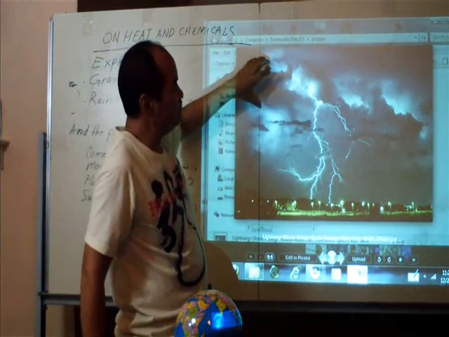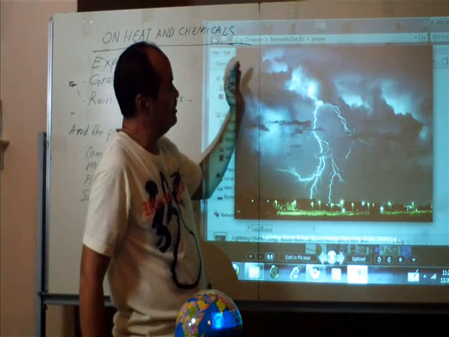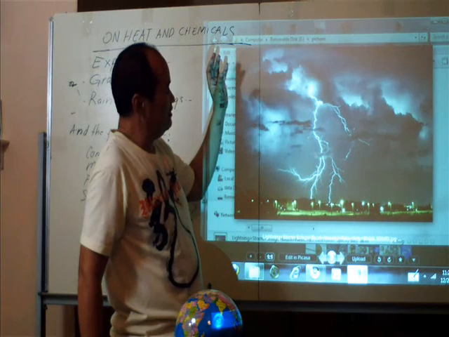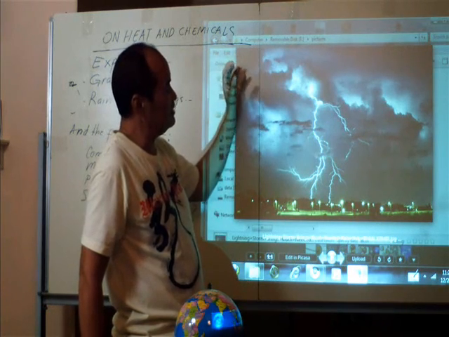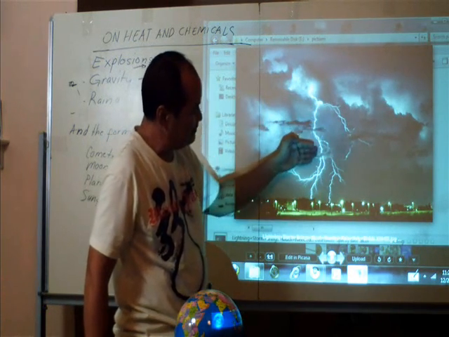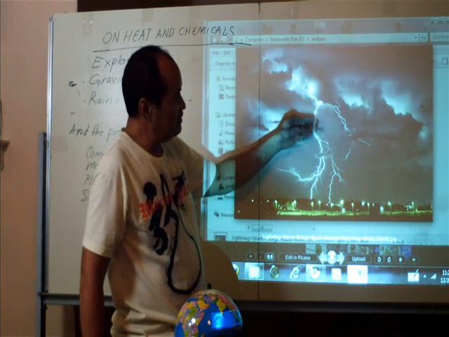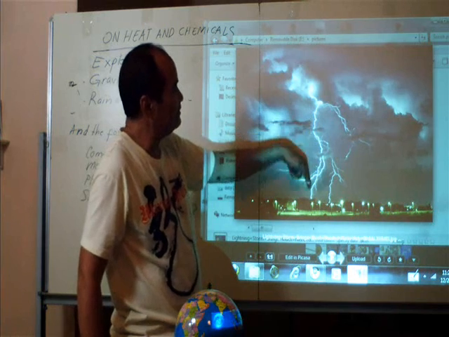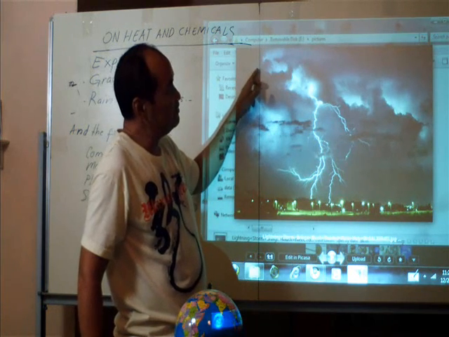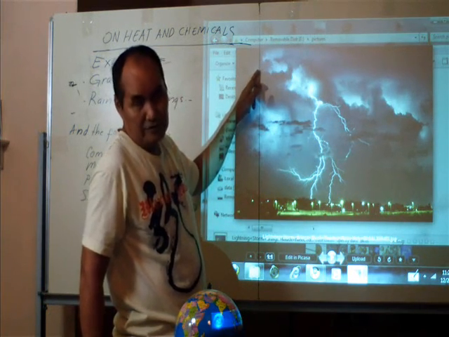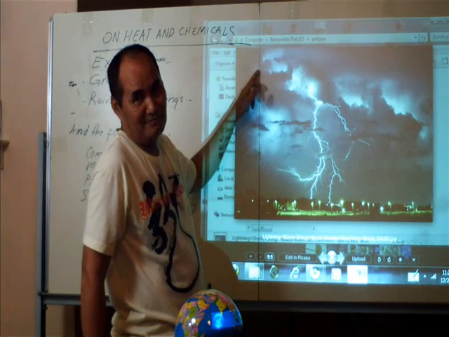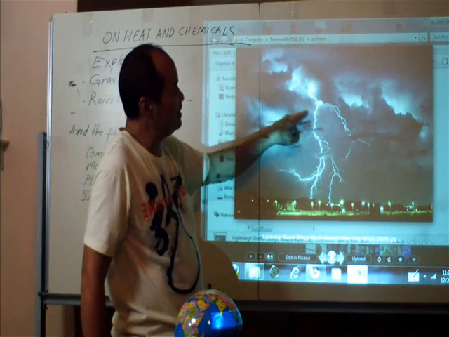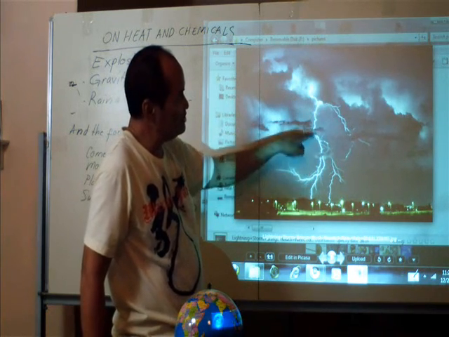The clouds, the heat is being absorbed by the chemical reaction here, which becomes lightning. The temperature here will reduce. The temperature will reduce because the heat is being absorbed by the chemical reaction, which is lightning.